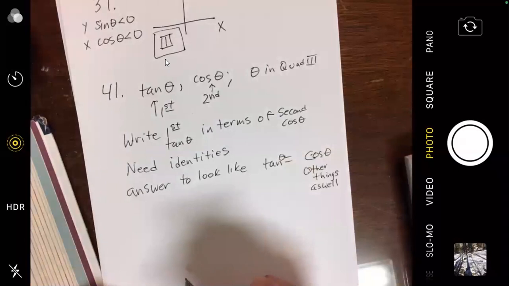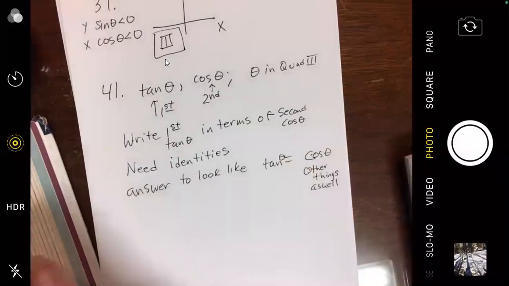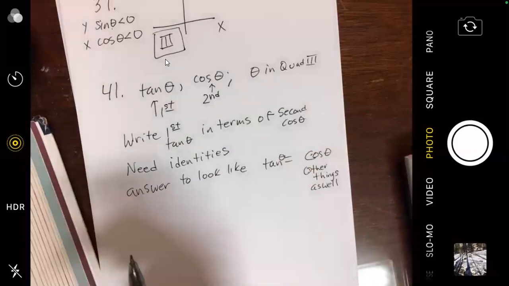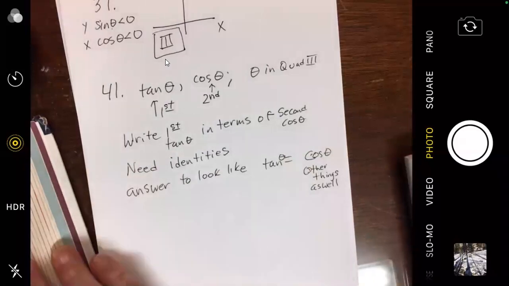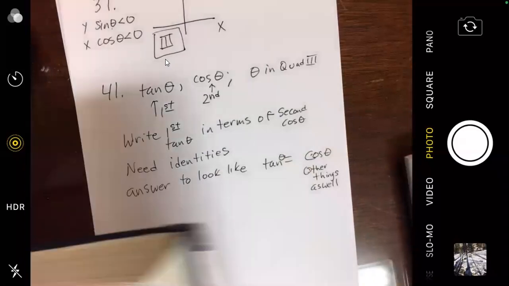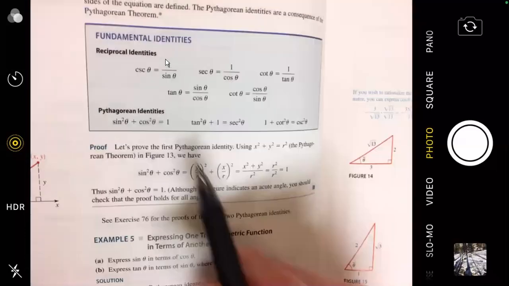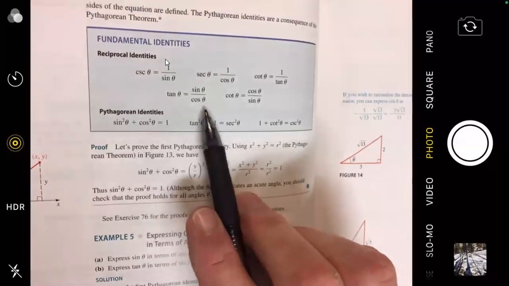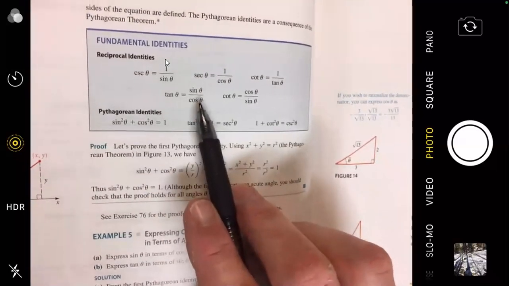So you got to kind of pick a formula that gives you the closest way, or an identity. I'll refer back to them. You got tan theta there and cosine theta there, but they usually don't want another function.